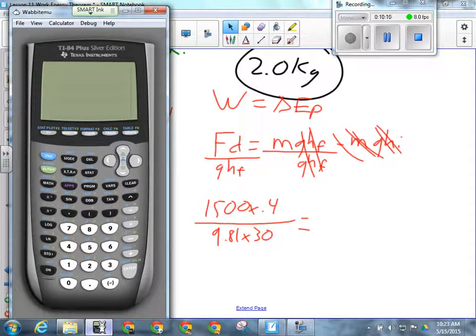It's on your formula sheet. It's a number you use all the time. So we'll have 1500 times 0.4, divided by 9.81 times 30. It's 2.0 kilograms.